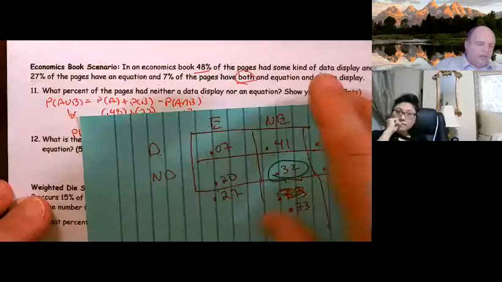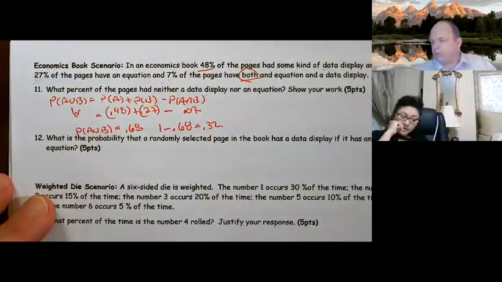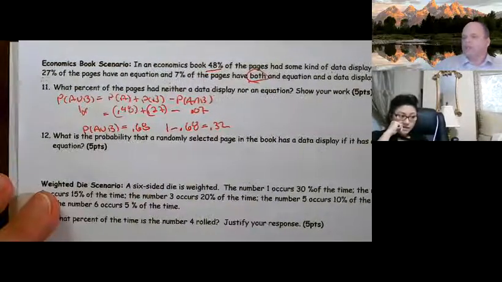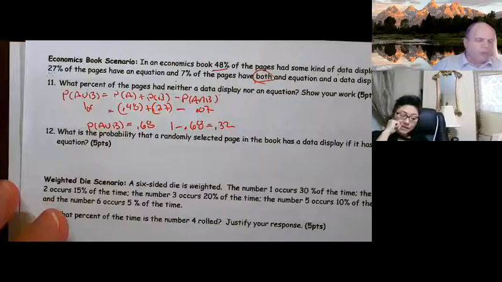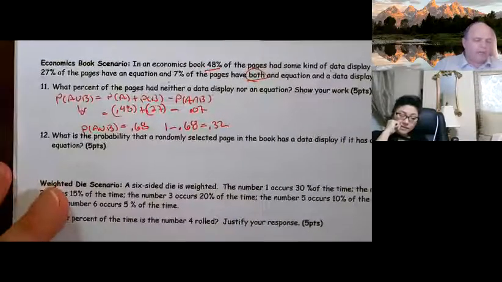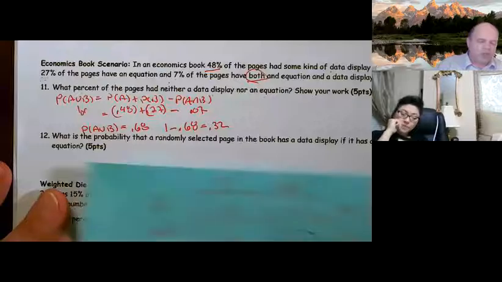All right, sorry about the mistake I made earlier on that. I don't know what I did in the way of typos, but anyway. What is the probability that a randomly selected page in a book has a data display if it has an equation?